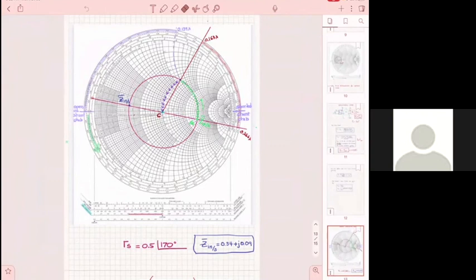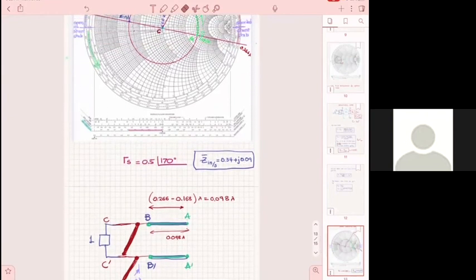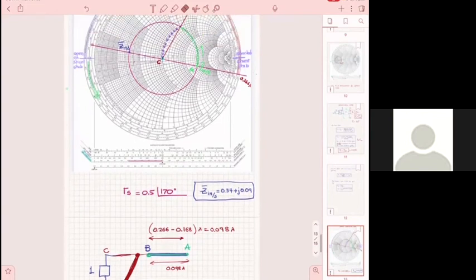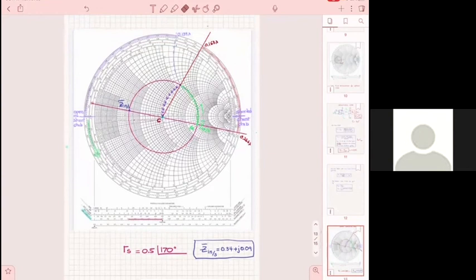As you go towards the load, you find your first point, B, because your load is at the center of the Smith chart, and you are moving from A to B, and then you add the stub, and then you go to the center of the chart.